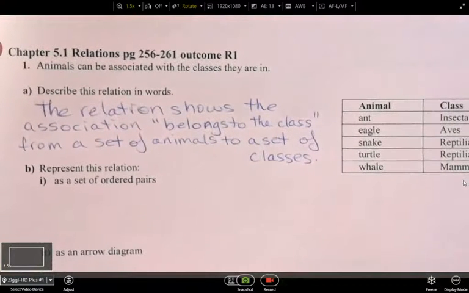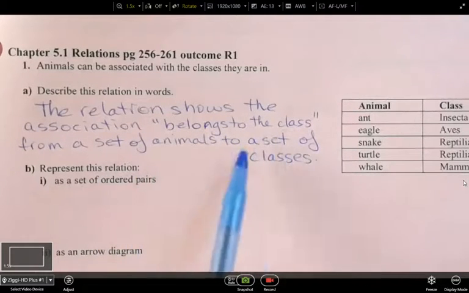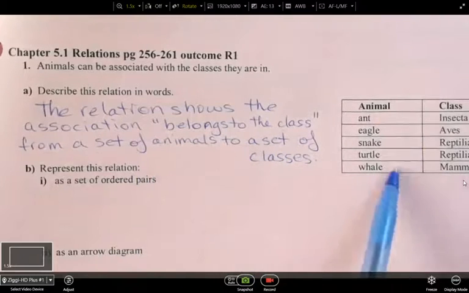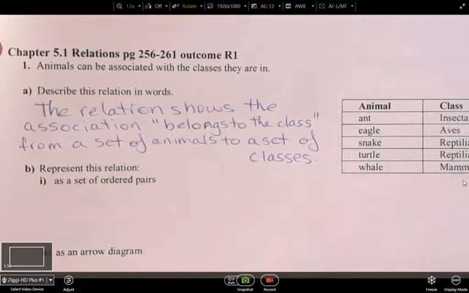All right, so that's the relationship. So it's the association of belongs to the class from a set of animals to a set of classes. So here are the animals and here are the classes. And it's showing you which animal belongs in which class.